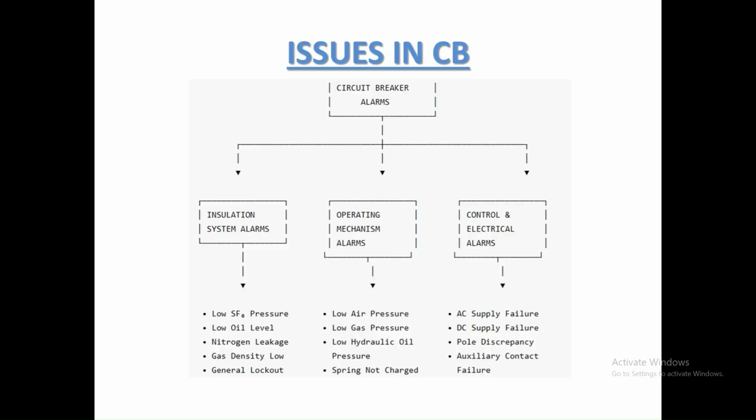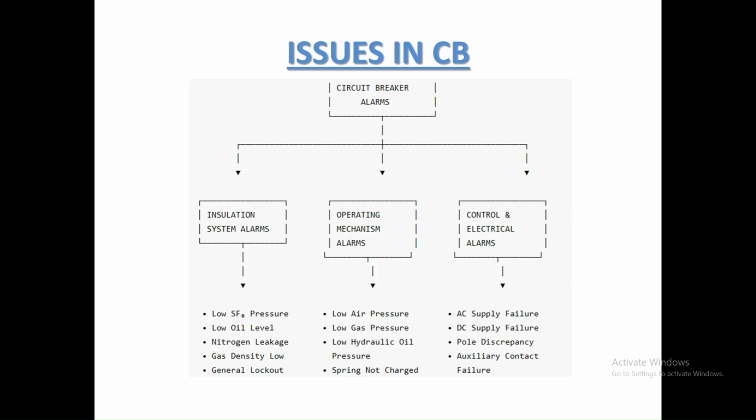So as I said, some issues or malfunctions can be there in the circuit breaker itself, and these can come from three different categories: the insulation system, the operating mechanism, and the electrical and control signal. The insulation medium may be SF6 or oil or nitrogen gas density. Based on that, these irregularities can be there, or any general lockout.